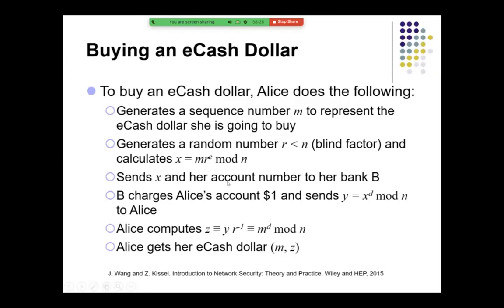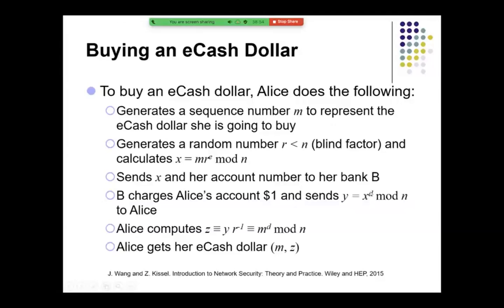So B verifies that Alice does indeed have an account with B, and B charges $1 from Alice's bank account plus some processing fee, and then signs X and sends it to Alice.